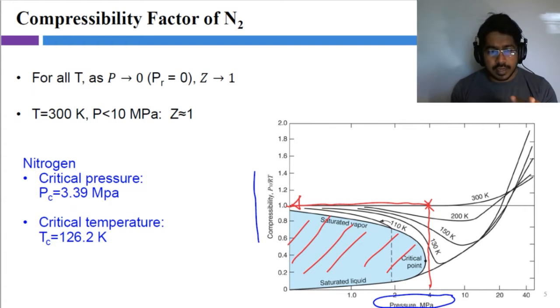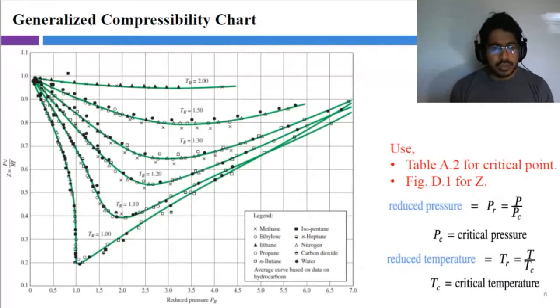So we cannot use one characteristic from a graph for one gas to interpret another. So what are we going to do about it? In order to address this issue, we develop a generalized compressibility chart, right? So we can use the generalized compressibility chart to find the compressibility factor of different gases.